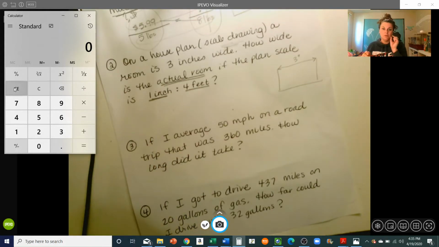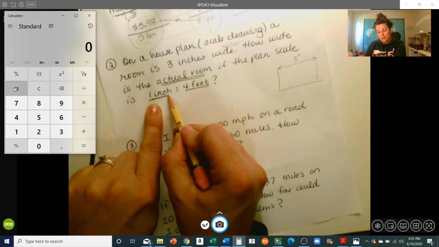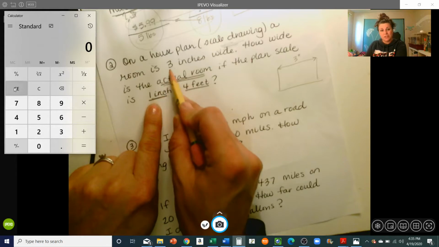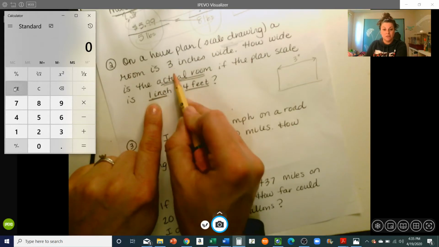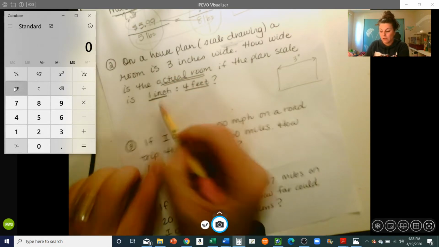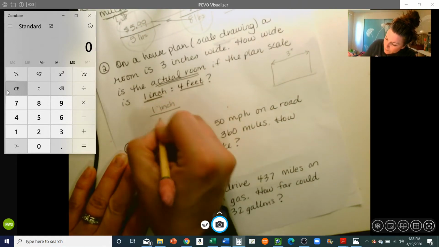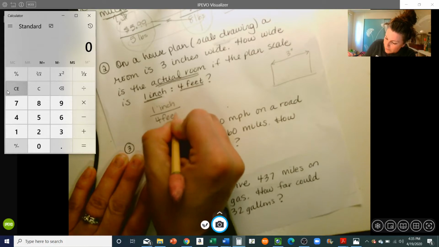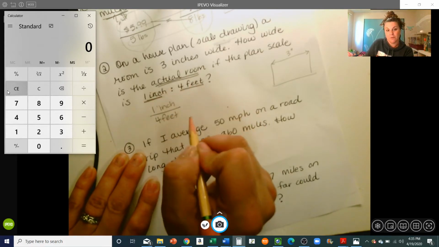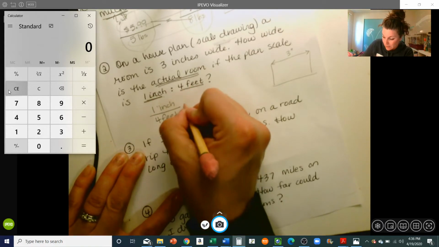Okay, the smaller amount is the scale on my map because it's 1 inch instead of 3 inches. So this is smaller. So I'm going to put 1 inch over 4 feet because that's my ratio. Okay, that's my scale. That's what that's called.